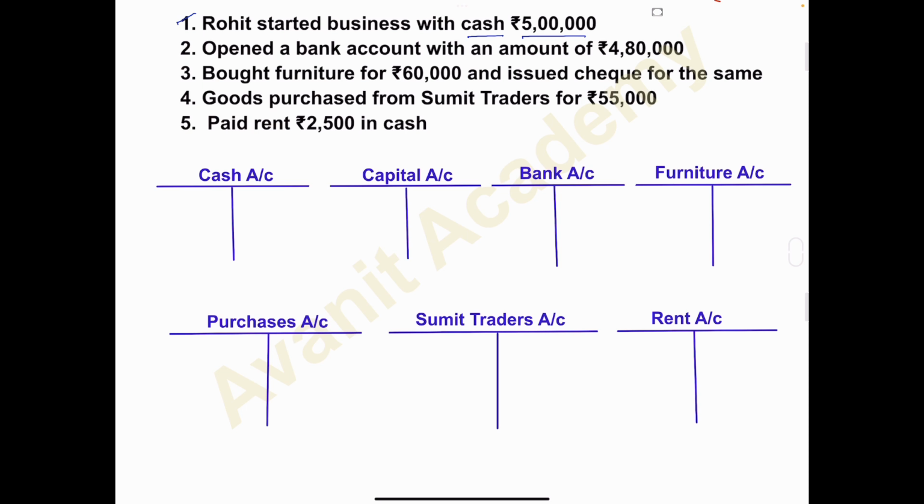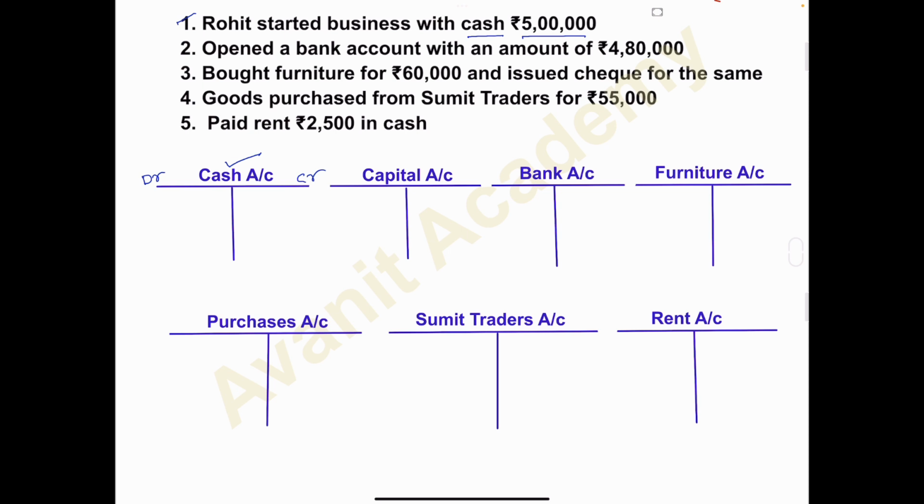For that, first we have to prepare the cash account. So I have prepared the cash account here. The left side of the account is called the debit side, DR, and the right side of the account is called the credit side, CR. I have explained all these things.